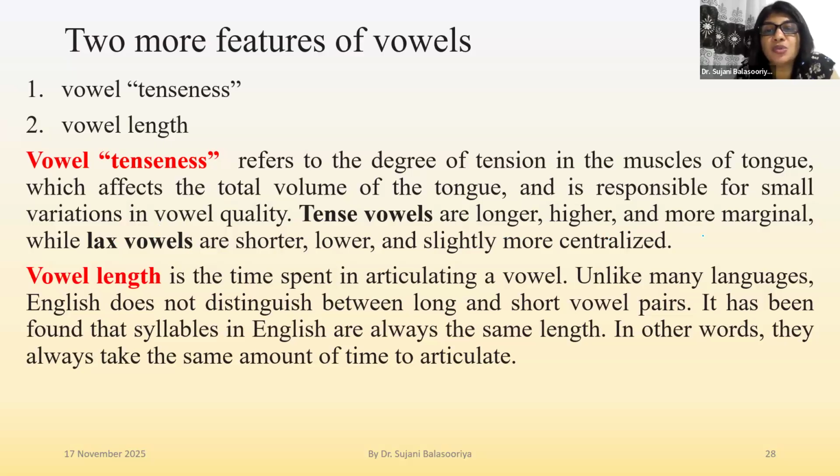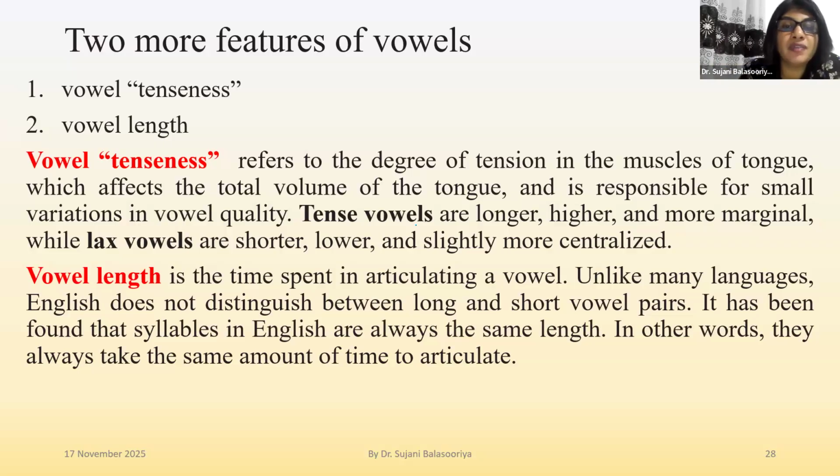Marginal means usually you find tense vowels at the boundaries of the words. They are compared to the lax vowels, which are shorter. These are longer and higher, quite pronounced with a loud volume also.